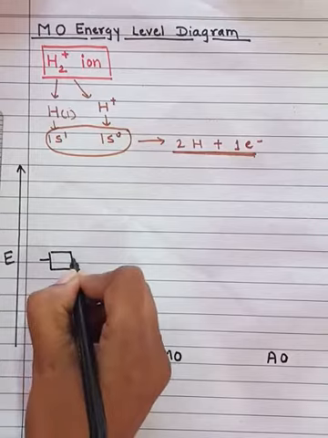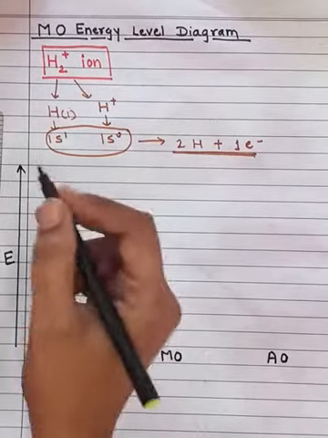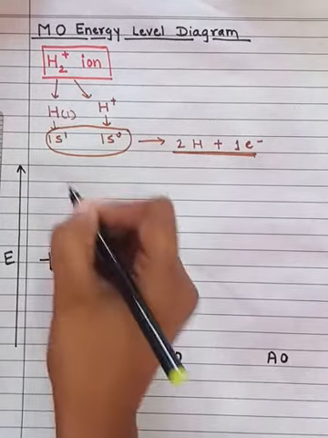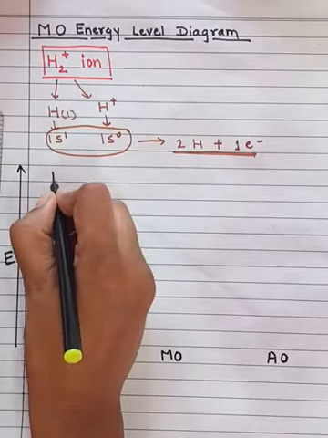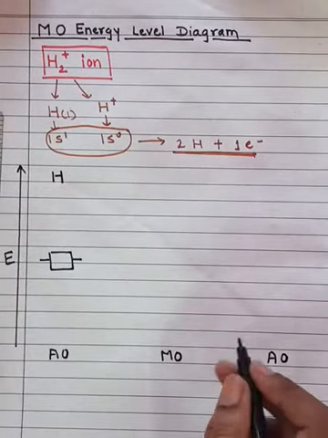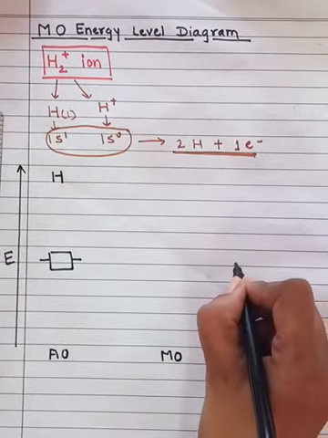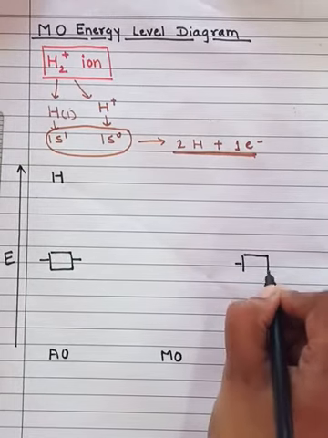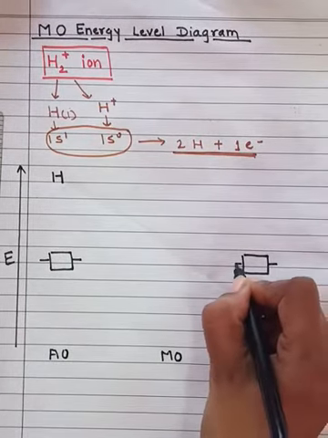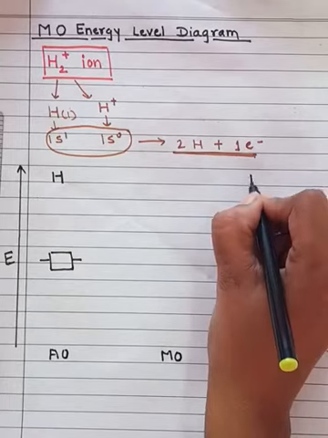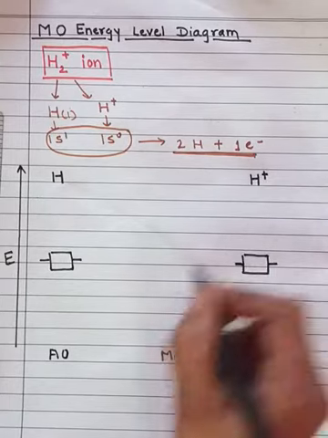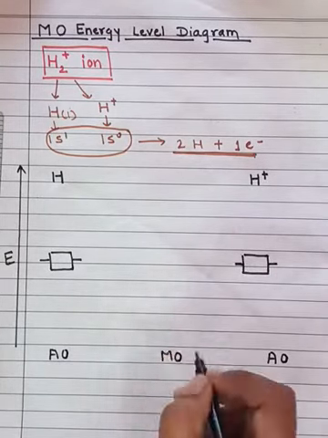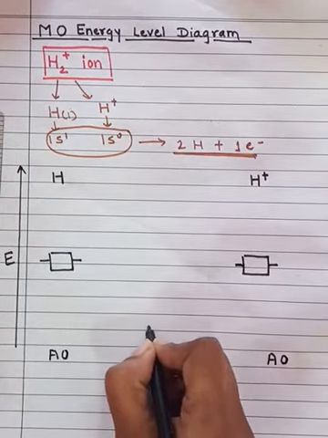Then at one side we are having the first atomic orbital. This first atomic orbital is for the first atom and the first atom is the hydrogen. To the other side we are having the second atomic orbital, and this second atomic orbital is for the H plus ion. Then at the center we are having the molecular orbitals.